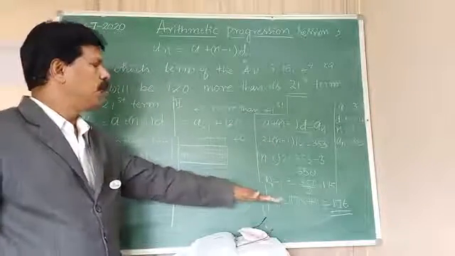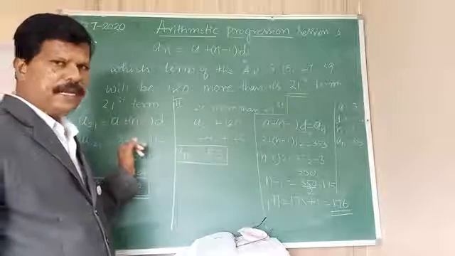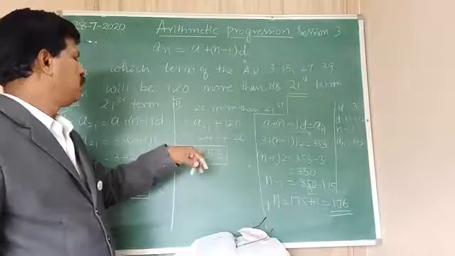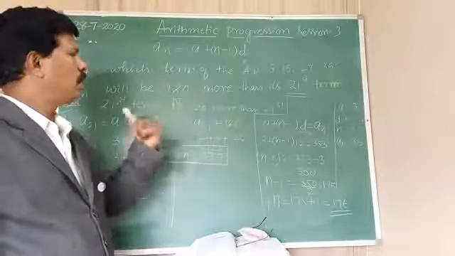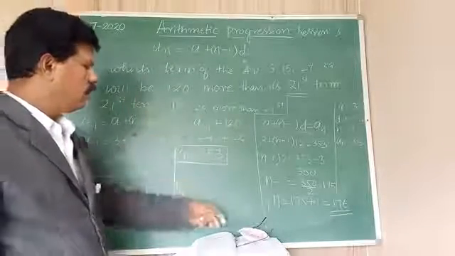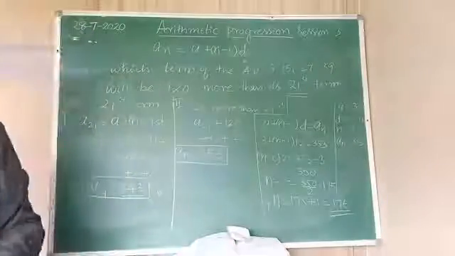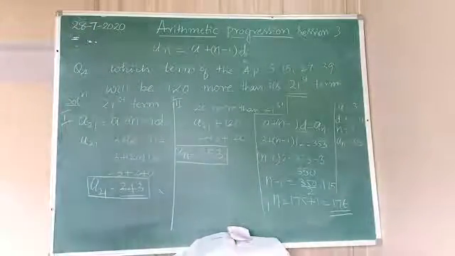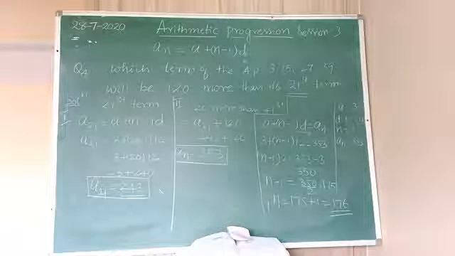Find out the 176th term of this AP and then subtract 353 from this. You will get 120 more. Clear? This is one more problem of the AP. The formula AN is equal to A plus n minus 1 into D. Clear?